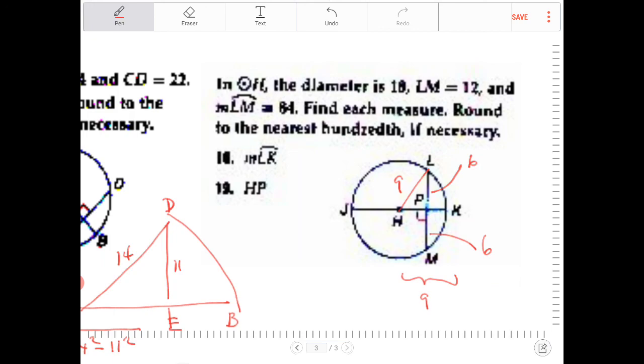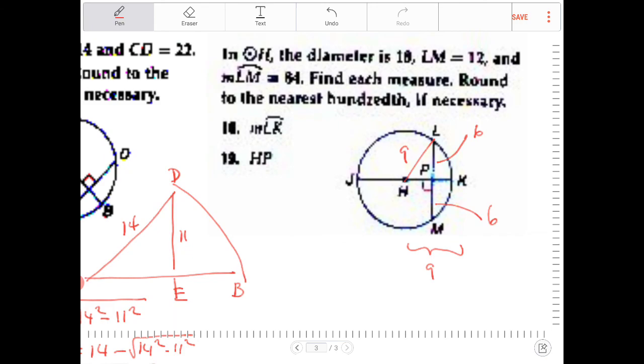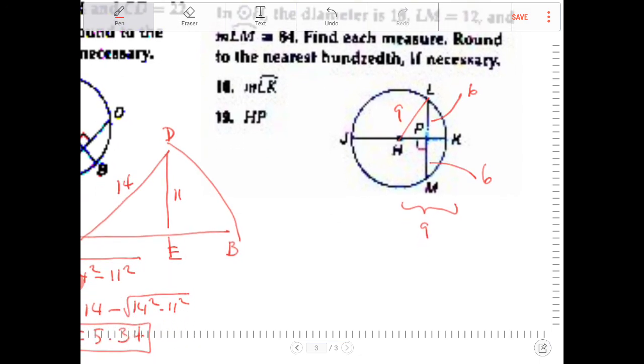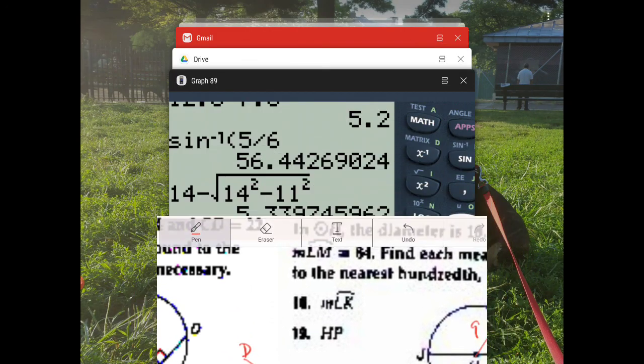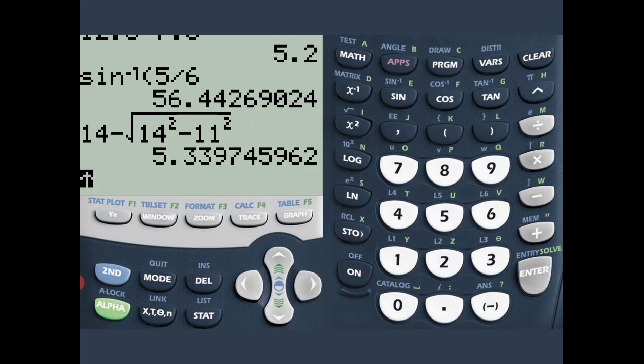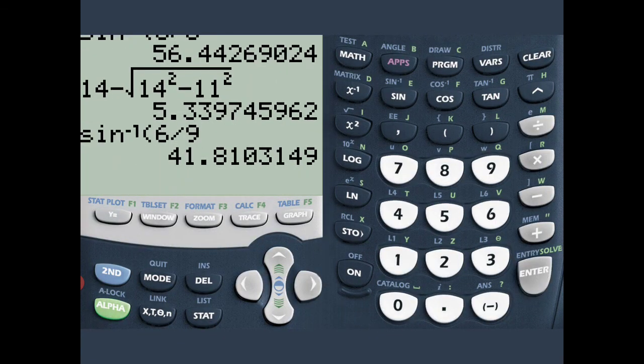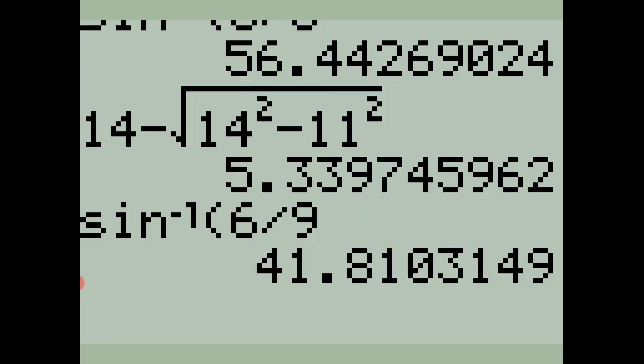The goal is to find arc LK, and to do that I will need to find the inverse sine of that central angle. So LK will equal inverse sine of 6/9. Inverse sine of 6/9 is 41.8.